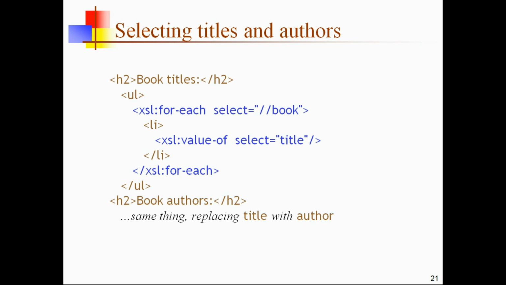If you are using /book, it loops through every book element everywhere in the document. Then xsl:value-of select equal to title means it chooses the content of the title element at the current location. So we mentioned both things in that code.